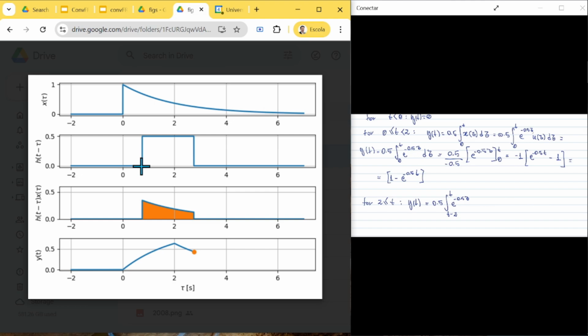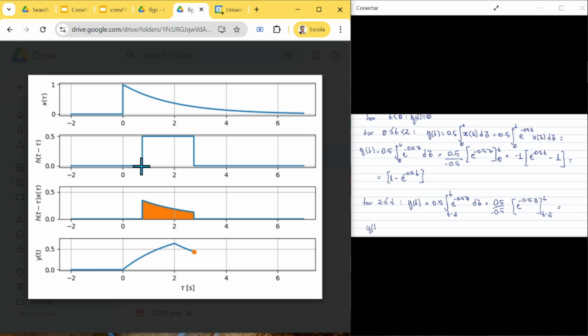I can neglect the u of tau, right? Because I'm operating on an interval where this is always larger than 0, so I can neglect this guy. Again, 0.5 over minus 0.5, then e to the minus 0.5 tau from t minus 2 to t.